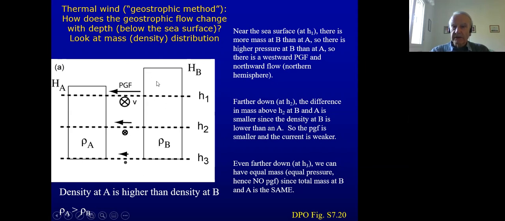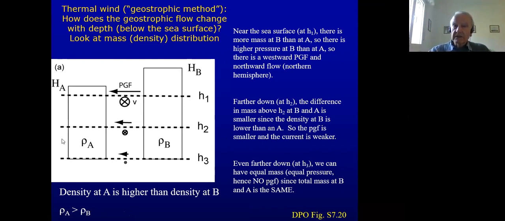here the water column is vertically mixed, has a rho B density and a rho A density. So we only consider the case where there are horizontal density differences. But there is also a horizontal pressure gradient due to the different water column height, and also due to the different density.